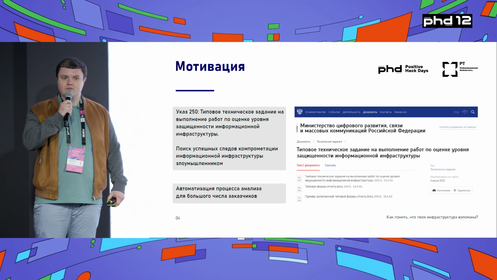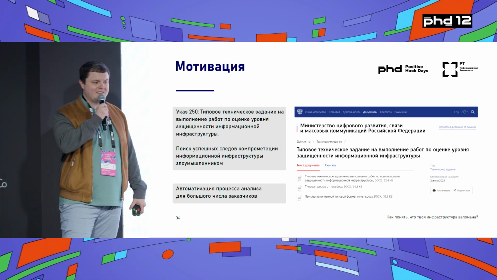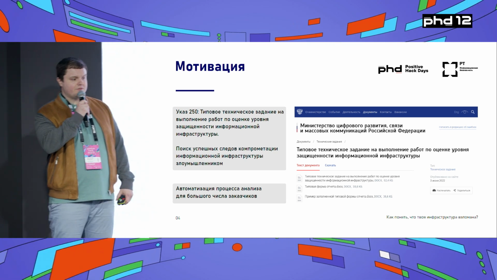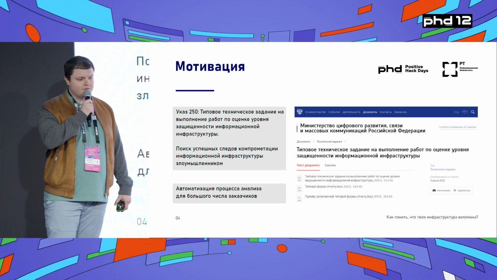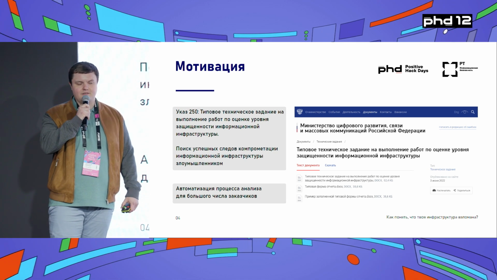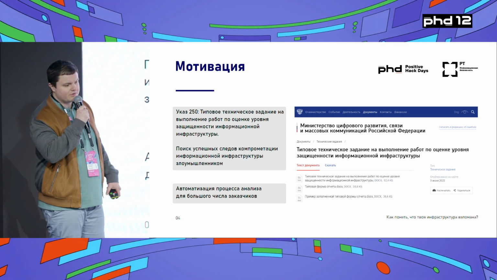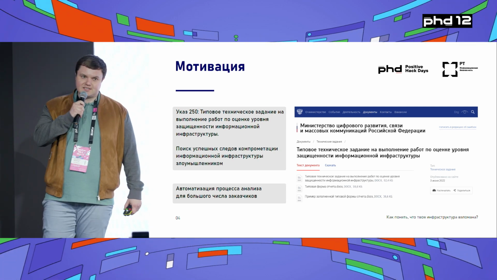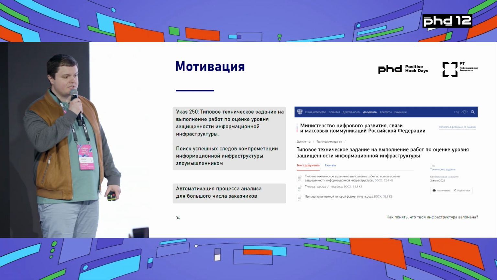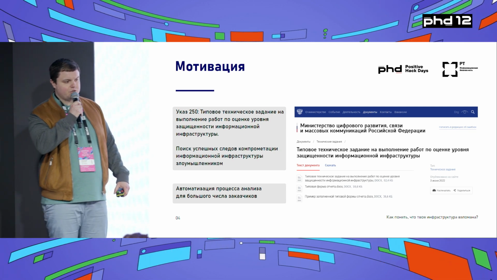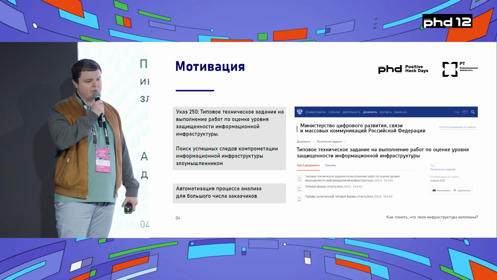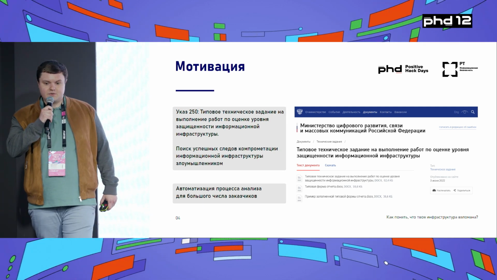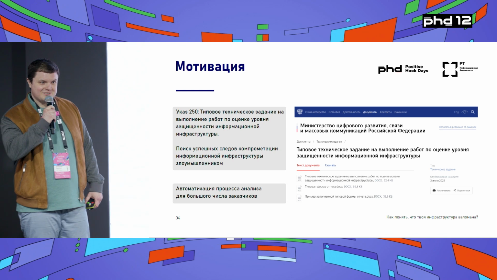A year ago, a decree was signed, Decree 250, which contained terms of reference to do some works to protect cyber infrastructure. And apart from the analysis as to how well the infrastructure is protected, it contained another objective: to look for successful compromising of critical infrastructure by the malicious agents.